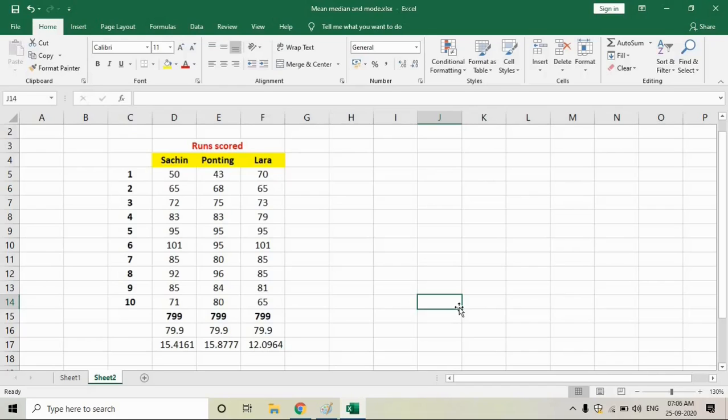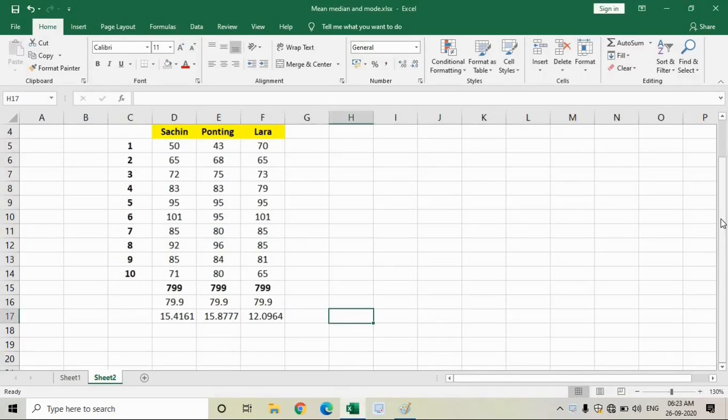The batsman X might score 40 runs in the first match, 80 runs in the second match, and 120 in the third match, but he would go for 2 runs in the fourth match and so on. But when it comes to Lara, it is almost consistent, like 20 in the first match, 22 in the second match, 23 in the third match, and 20 in the fourth match, almost like that. Okay, so that's the concept of standard deviation.